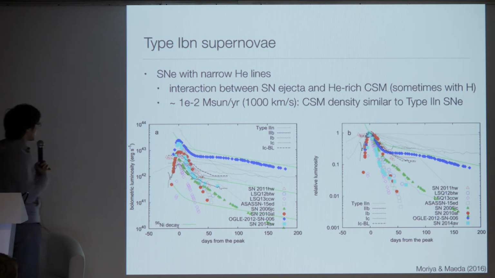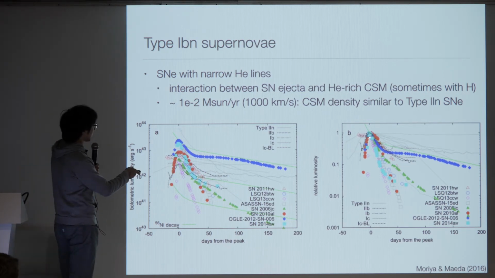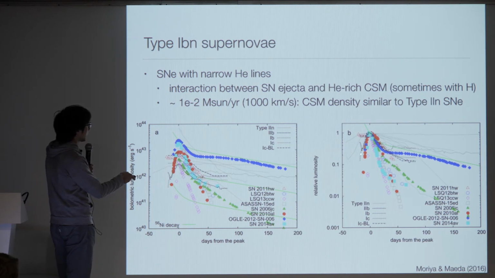So this is an example of type 1bn supernovae. What is amazing about these supernovae is that they are quite bright, and these lines are hard to see, but these are stripped envelope supernova light curves, scaled to the peak luminosity, and these lines are like supernovae powered by nickel decay.